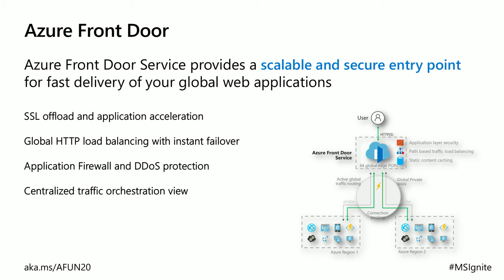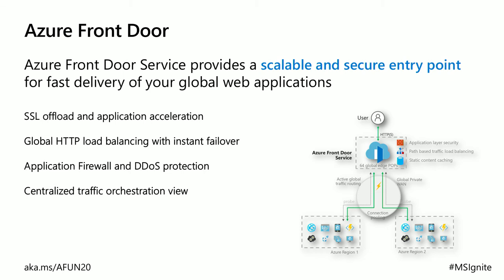Now, we do have another option that officially launched in April of this year, and that is called Front Door. What this is basically is an HTTP load balancer that is designed for traffic management. And so that's the big difference between Front Door and the Traffic Manager, is that Traffic Manager takes place at the DNS level, whereas Front Door is going to be taking place just for HTTP traffic, so for web traffic.